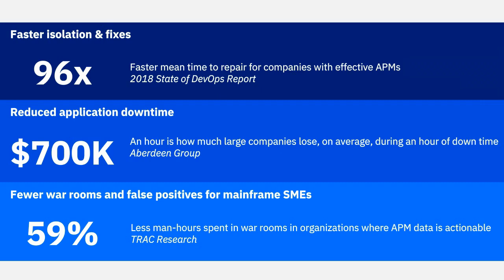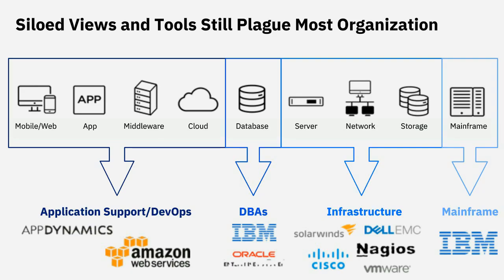So what we see in typical organizations today is a lot of different siloed tools. And as you look not only at the architecture of infrastructure and applications as we've laid out here, but as you look into different siloed tools and technologies, you often find specific tools to manage each slice of the environment.